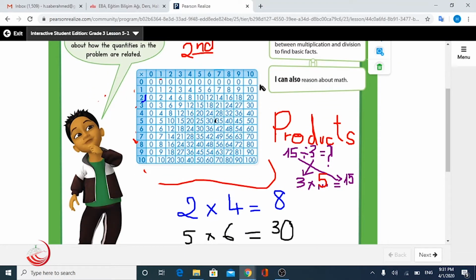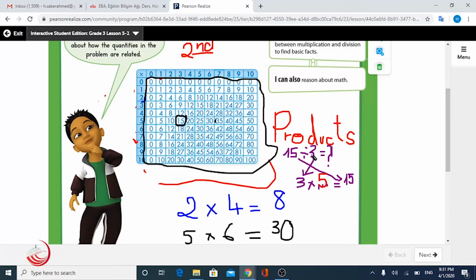All of this area is product or dividend. Okay? So now let's see. If I have 15, where is 15 here? Yes, 15 exists right here, 15 as a dividend.